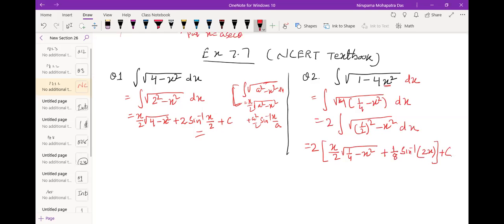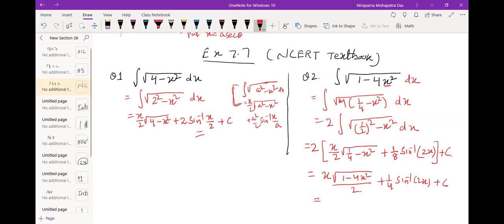Now you can simplify a bit. This is equal to, you can multiply by 2, so x into square root of 1 minus 4x square divided by 4. If you take 4 outside, it will be 2 outside the square root, plus 1 by 4 sine inverse 2x, plus constant of integration.